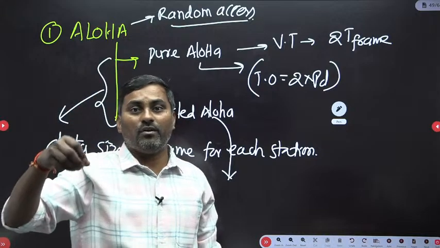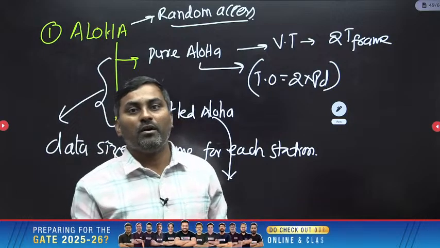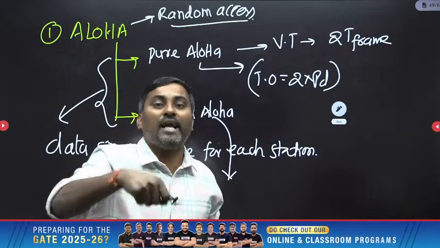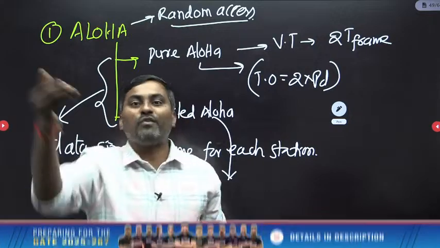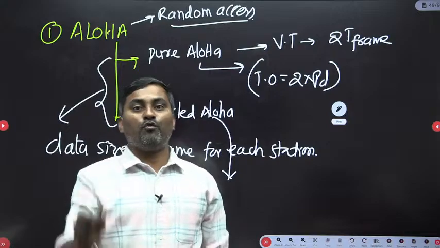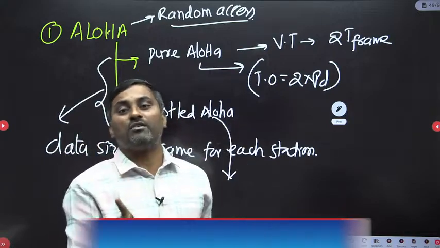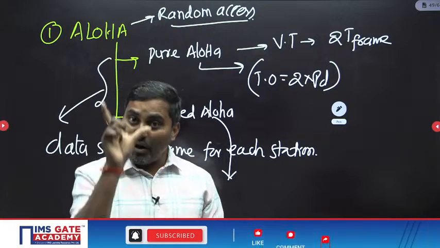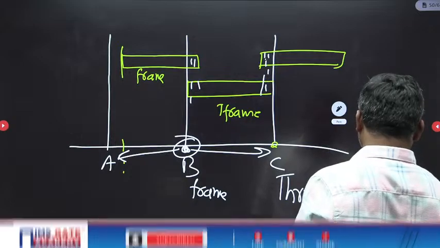If a station is a little late, it should not send; it has to wait for the next slot. Therefore, the vulnerable time for collision will be one frame delay only.